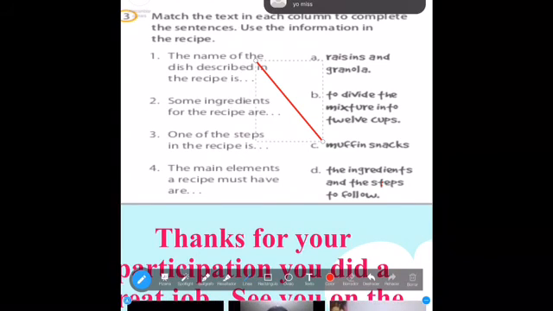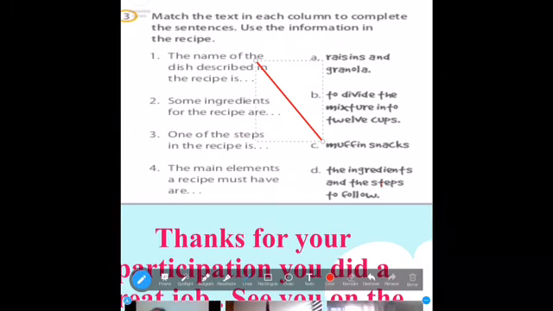Can you read it, please, Emmanuel? Some ingredients for the recipe are raisins and granola, to divide the mixture into 12 cups, or letter D, the ingredients and the steps to follow. Which is the correct answer? Who knows the answer? To divide the mixture into several groups.